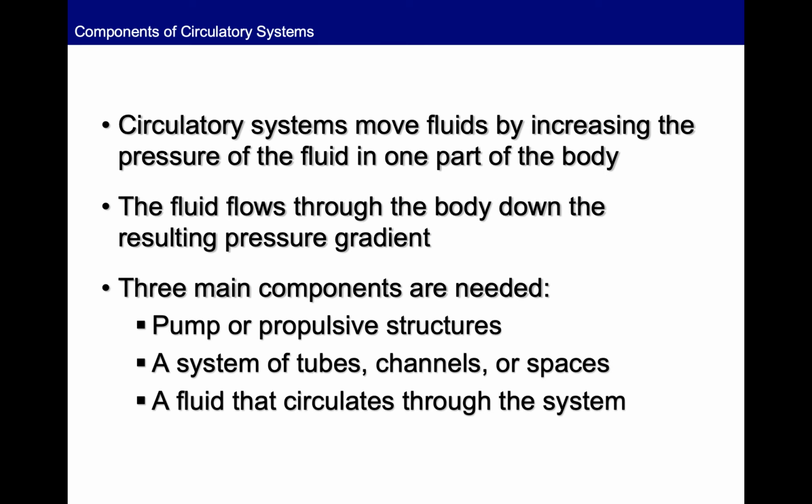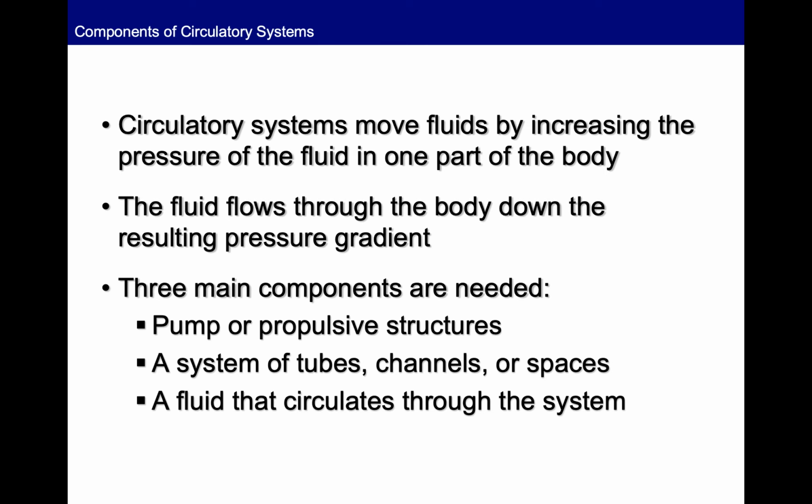And there are three main components, okay? The main components are you actually have to have a pump. The heart is our pump. Or propulsive structures. So sometimes there are auxiliary hearts in some animals, like insects. Or you have pulsing blood vessels due to smooth muscle cells.